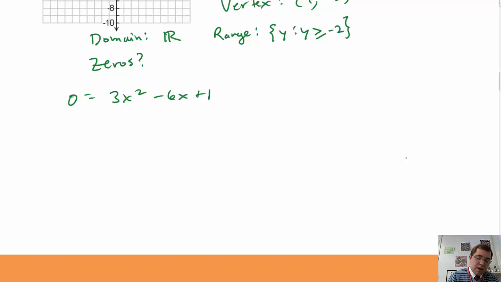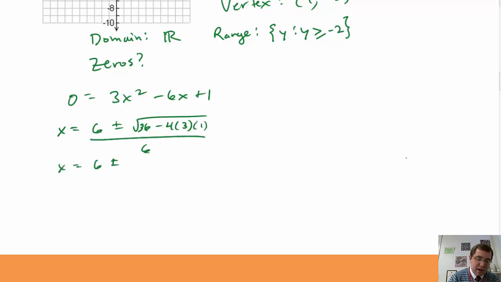Alright? Why don't we use the quadratic formula? So x equals negative b, that's 6, plus or minus the square root of b squared, so that's 36, minus 4 times 3 times 1, all over 2 times 3, which is 6. So x equals 6 plus or minus the square root of 36 minus 12 over 6.